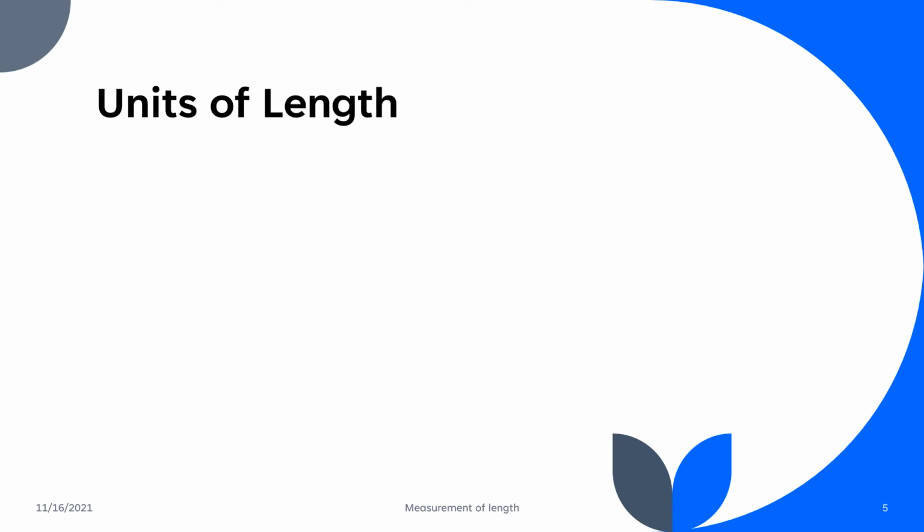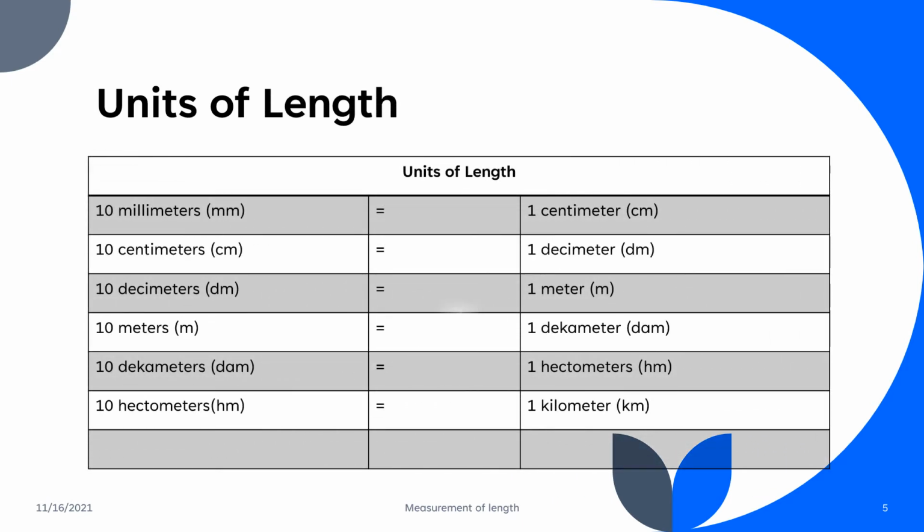So we have the units of length. 10 millimeters or mm is equal to 1 centimeter. 10 centimeters is equal to 1 decimeter or dm. 10 decimeters is equal to 1 meter. 10 meters is equal to 1 decameter or dam. 10 decameters is equal to 1 hectometer or hm.